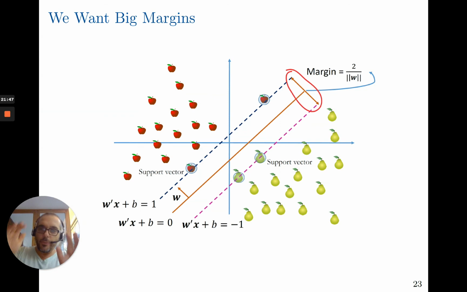When we have narrow margins, it means that apples and pears are very close to each other on the boundary of this decision frontier. So maybe there is a region where the classification is not at all that clear. So large margins means classification is much easier than narrow margins.